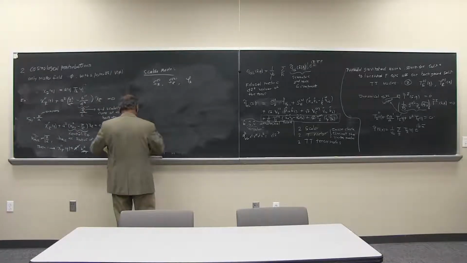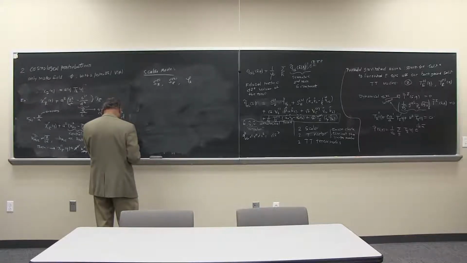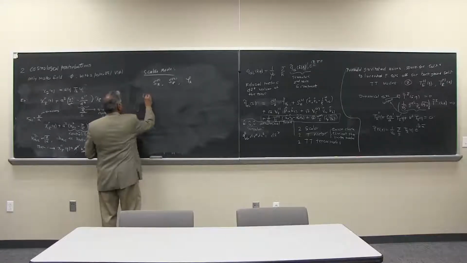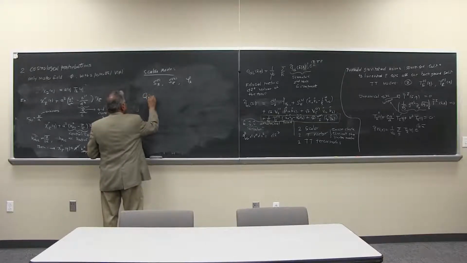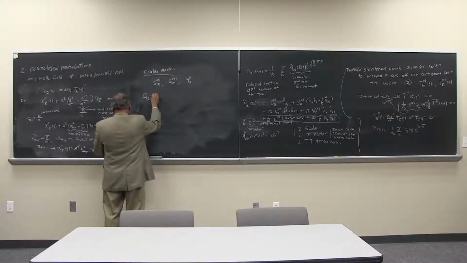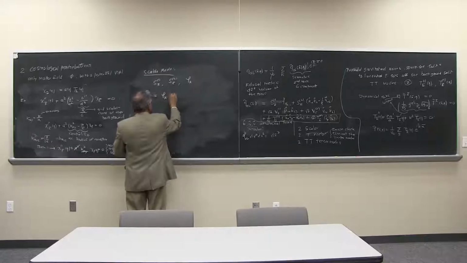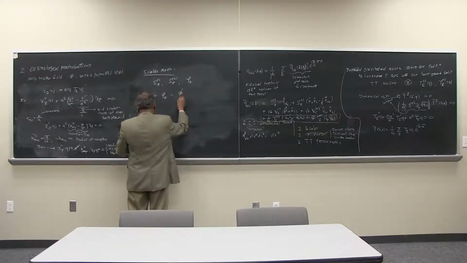It is Q_k. I'll not write eta, it is of course at each eta. Q_k is equal to phi_k minus, and then the term with a dot.